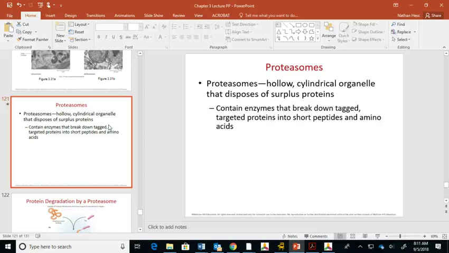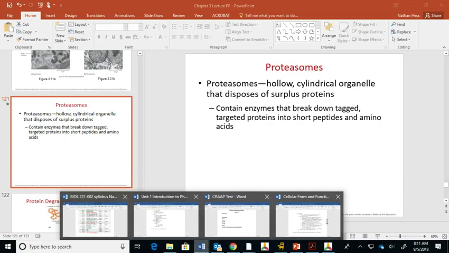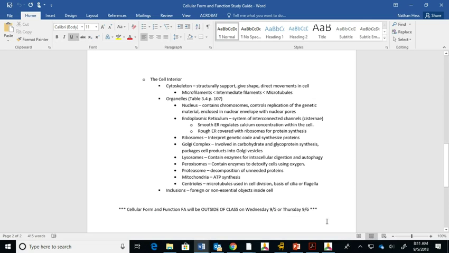We don't need a bunch of blue ones. I need a bunch of red ones now. So break down the blue ones, and let's make more red ones. Does that make sense? Helping to break down the protein digestion, moving those proteins. It contains enzymes for the decomposition of unneeded proteins, and proteasomes sounds like protein, doesn't it? Like the same root.